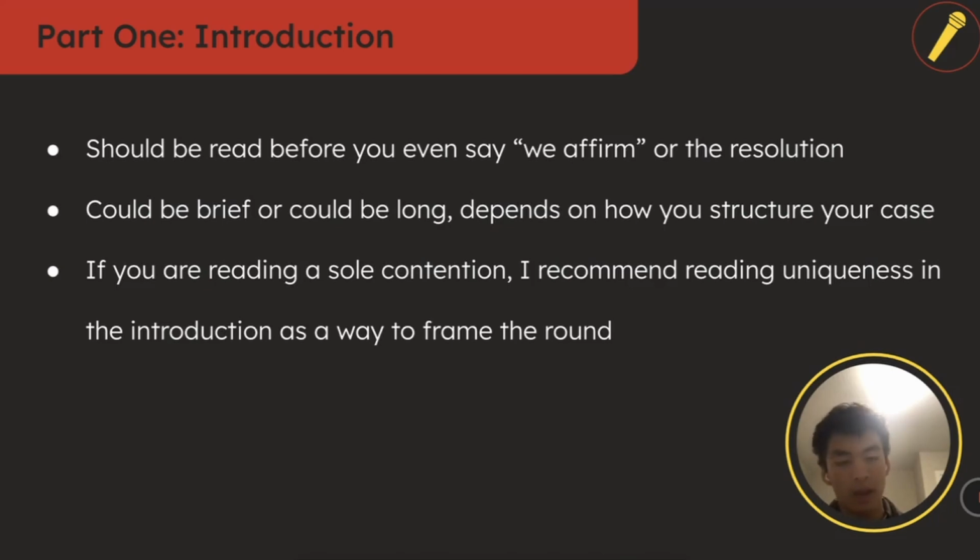When they hear contention one or sole contention right as you jump into it, that rushes them into the mode of, okay, this is their argument. When you say it before you even say we affirm, it allows them to have that bias in their head, like, oh wow, things are going to happen. How does this team plan to solve it? That is why I think an introduction can be useful.